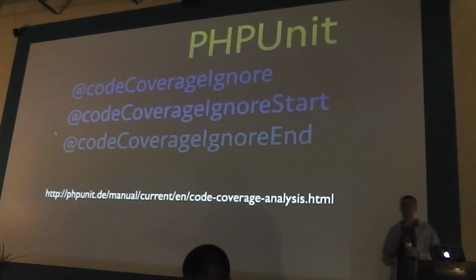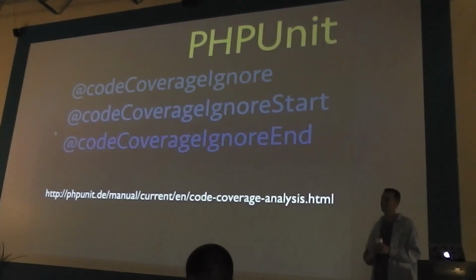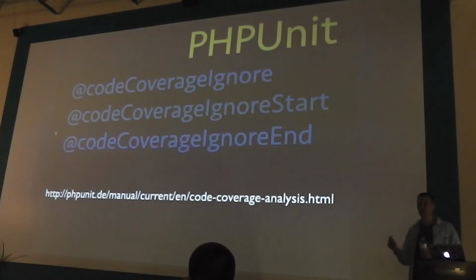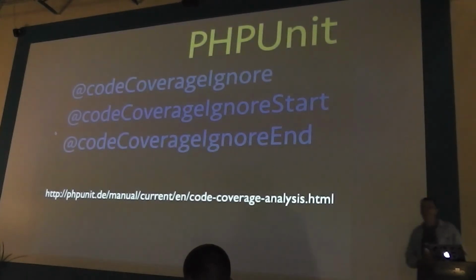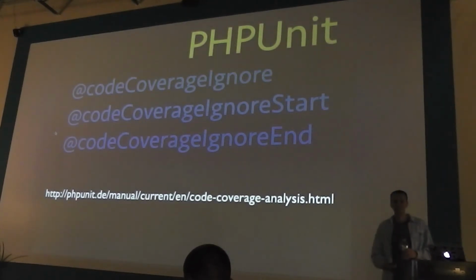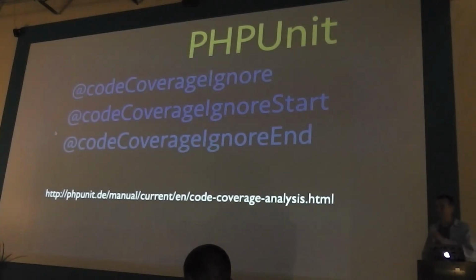It's super frustrating for somebody to come along, or even yourself to come back 9 months later, look at this piece of code, and try and figure out why you told PHPUnit to ignore code coverage analysis on that section of code. I'm certain you had a reason, but your ability to remember that is probably not going to happen. So I strongly recommend leaving a comment. Obviously, that's not a requirement to make it work, but it's super, super helpful down the line.